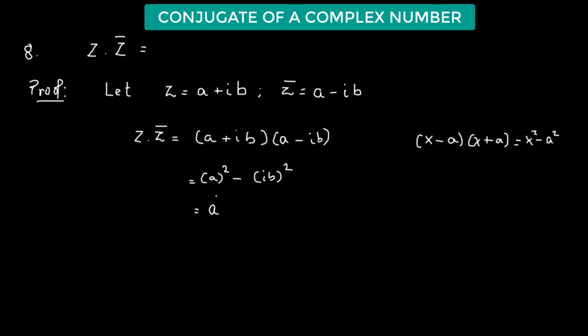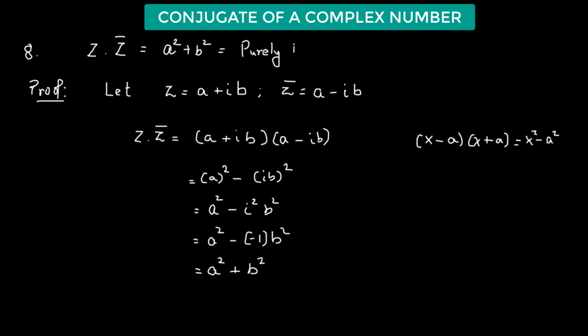So this gives us a squared minus i squared times b squared, and we know that the value of i squared is -1, and that gives us finally a squared plus b squared. So that means z multiplied by its conjugate gives us a squared plus b squared, which is going to be a purely real number. This is an extremely important property, and we will encounter this very often later when we start solving problems.